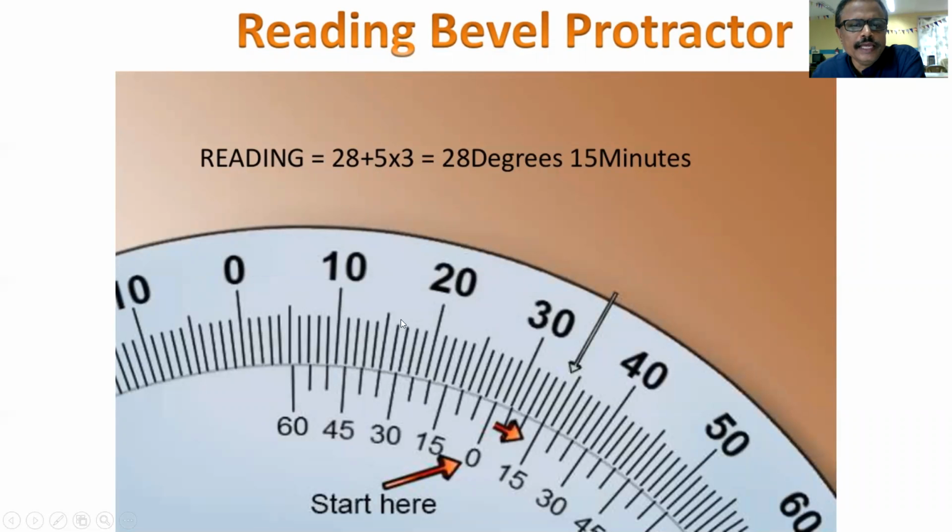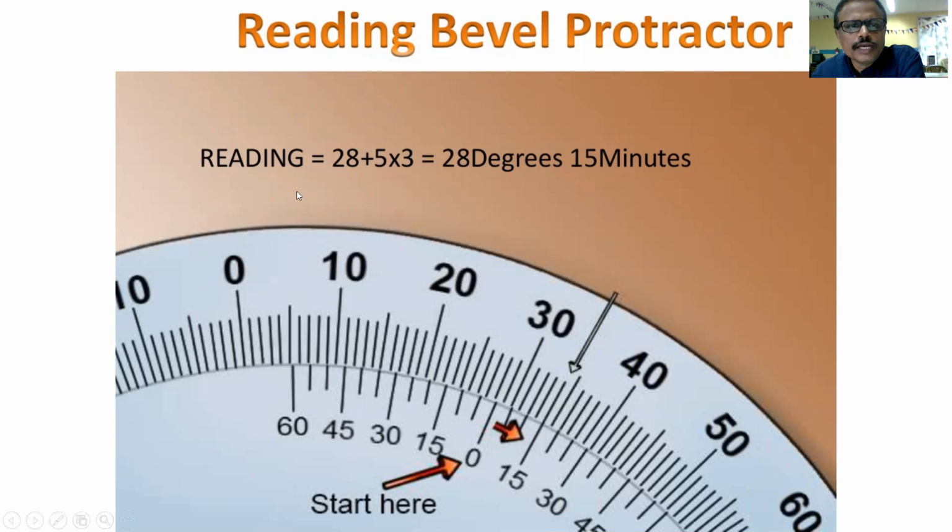The main scale reading in this example is, you can see, 21, 22, 23, 24, 25, 26, 27, 28. 28 is the main scale reading, plus you have this coinciding vernier division here. From 0, the third division is coinciding.